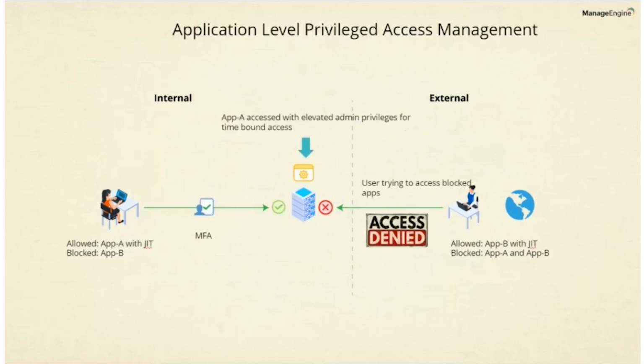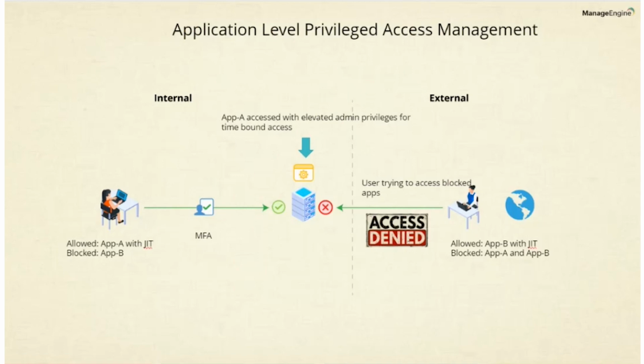But with the help of application level privilege access management, if the user needs access to a particular application, and if he wants to self elevate it to advanced admin privilege, you can make use of the advanced application level privilege management functionality, where the user first logs in to the PAM360 application using one of his primary modes of authentication. It could be Active Directory or any directory services, LDAP or Microsoft Entra ID, or SAML. And then he goes through the secondary mode of authentication.